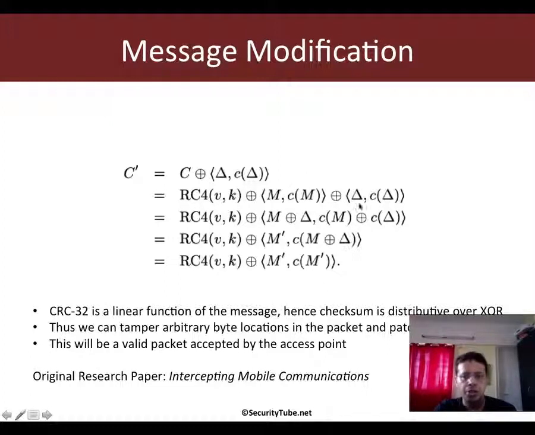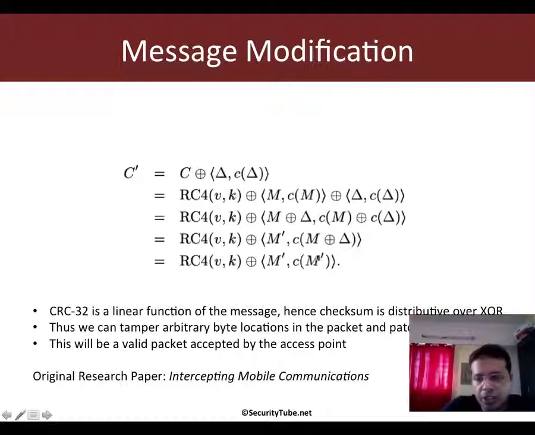And when you XOR it with the bit mask and the checksum of the bit mask, due to various properties of the XOR operation, what we finally end up having is the keystream XORed with the modified message, which is nothing but the original message M XORed with the bit mask, and the checksum is nothing but the checksum of the original message XORed with the checksum of the bit mask. Hence the output is the original keystream XORed with the modified message and the modified checksum.